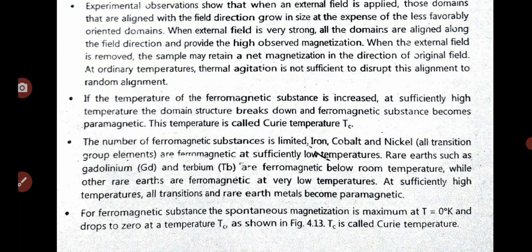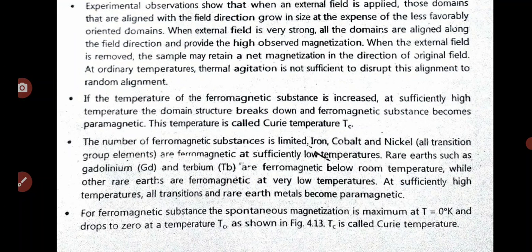At sufficiently high temperature, all transition and rare earth metals become paramagnetic. This is a very important property: if we increase the temperature, a ferromagnetic material behaves like a paramagnetic material.